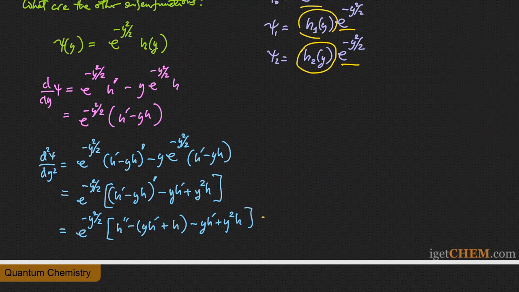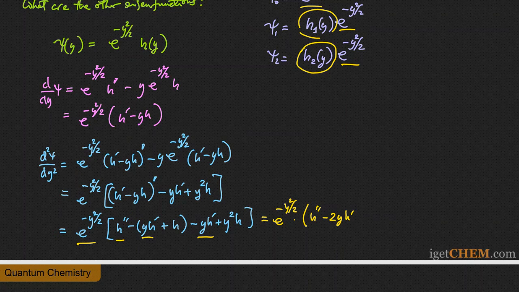So this is going to be this Gaussian factor right here multiplied by, so I have 1 h double prime. I have this factor with a minus y in front of h prime, another minus y, so minus 2y times h prime.